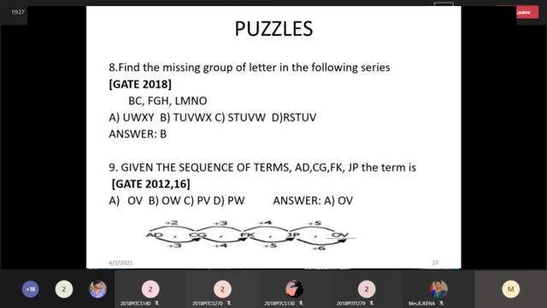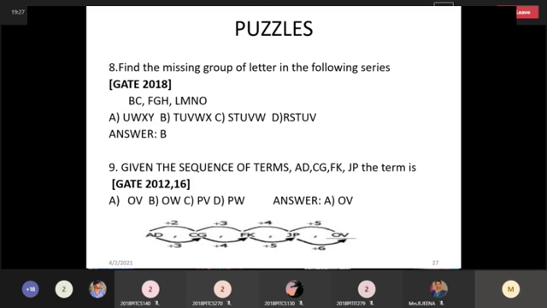The next one, we have a given sequence of terms AD, CG, FK, JP, and the next term. This question they have asked in 2 years, that is GATE 2012 as well as 2016. So option A, OV, B, OW, C, PV, D, PW. So we can see this AD, CG, FK, JP.